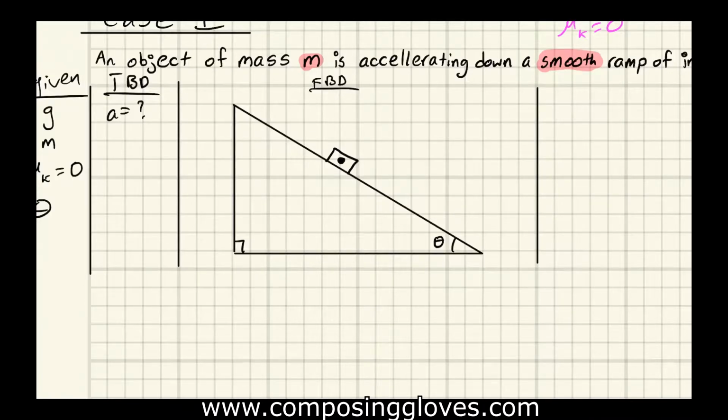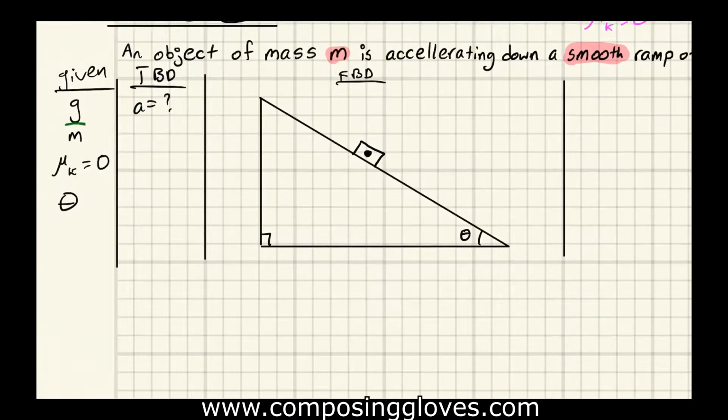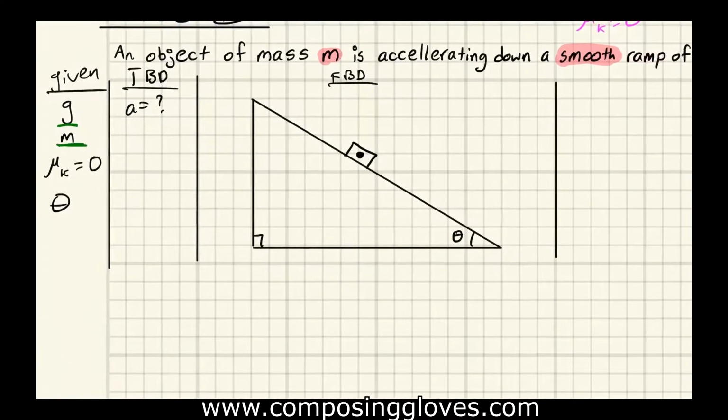So first off, we know the object is in a gravitational field with some mass. So we know that we have a force of gravity, and the force of gravity is always vertically down. And I'm going to draw this reasonably large because we're going to break it into vector components.